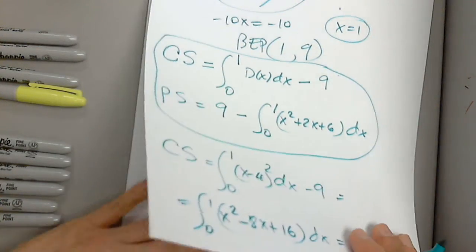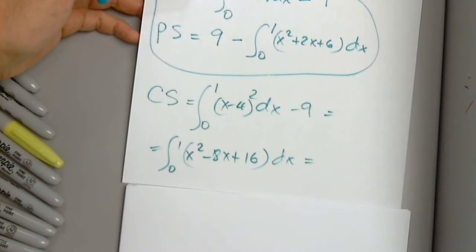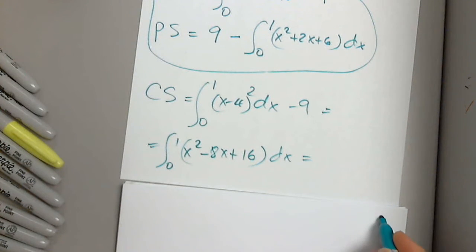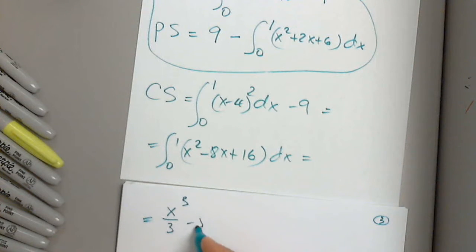And now I would write what function prime is x squared? It's x cubed over 3. Very good. Minus 8x squared over 2 plus 16x.